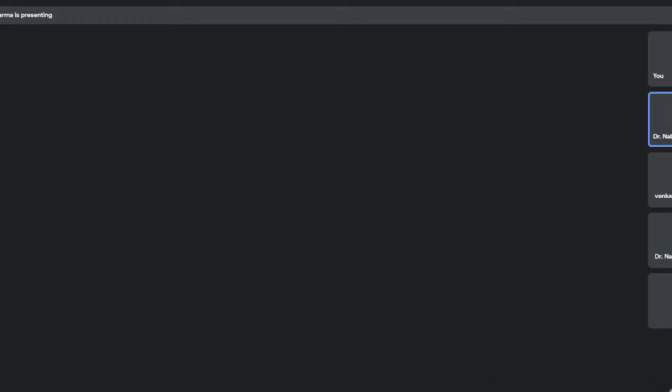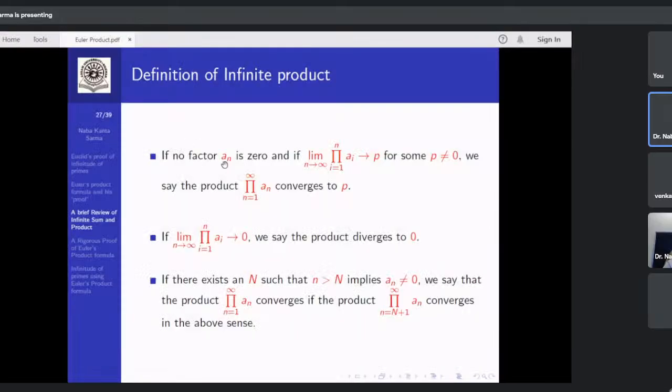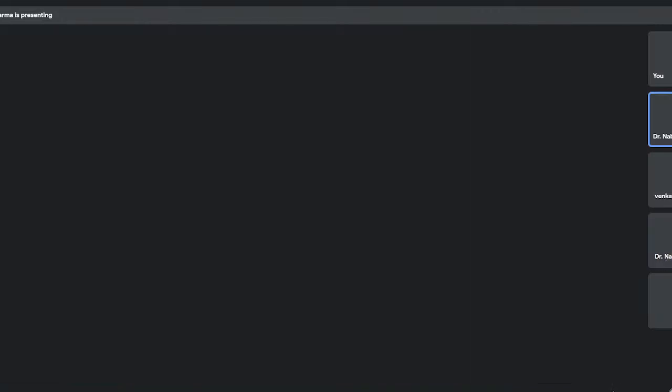And then take care of the case when some of the terms are 0. Suppose finitely many of the terms a_n are 0. If finitely many are 0, what will happen? After some stage there will be no zeros. So wherever the last zero is, at the maximum position, that positive integer N we take, then for n greater than N, none of the a_n should be 0.